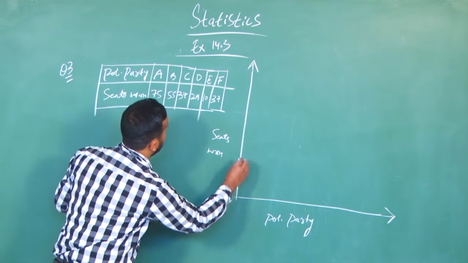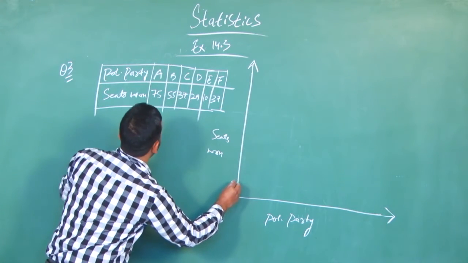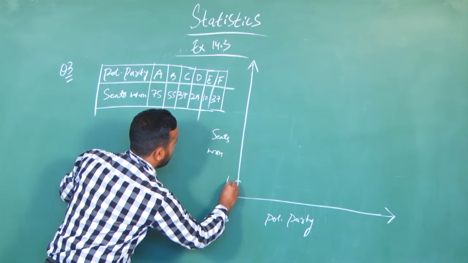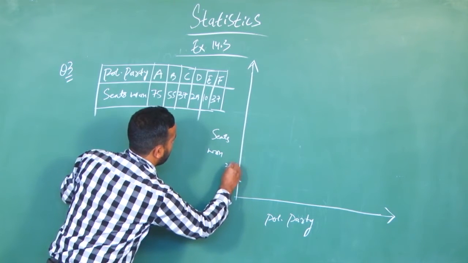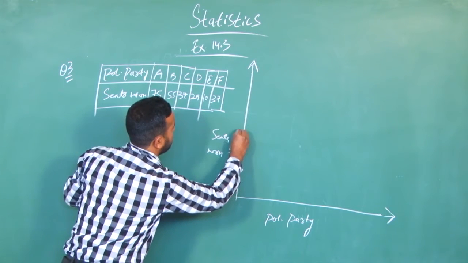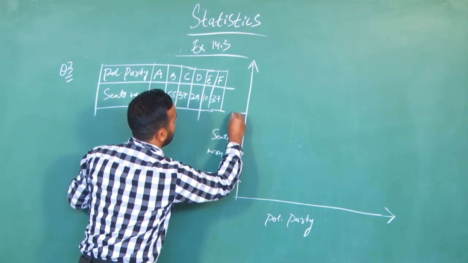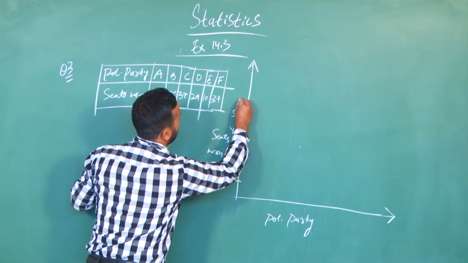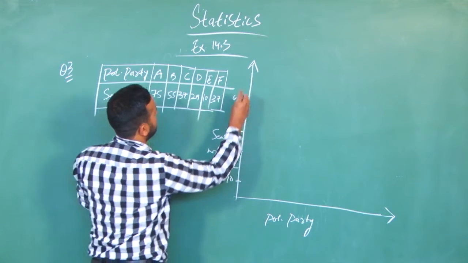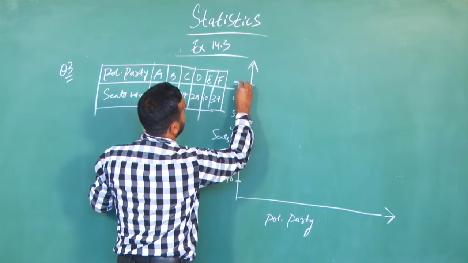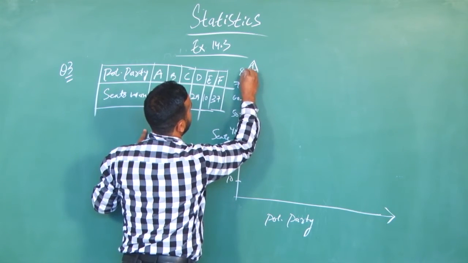We can mark the frequency as 10, 20, 30, 40, 50, 60, 70, and let us suppose 80.